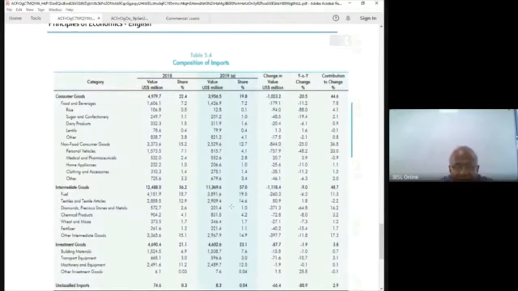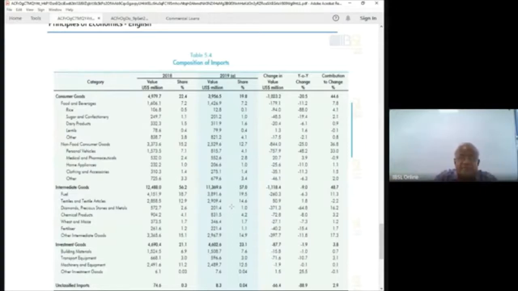Then other items: diamonds and precious stones, chemical products, wheat and maize, fertilizer imports of 221 million, other intermediate goods 296. Intermediate goods means inputs, used for value addition. You use these inputs to increase the value addition of other products.